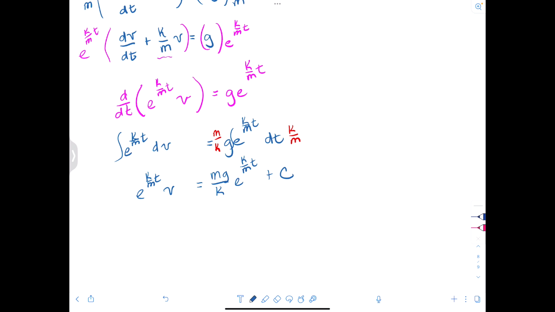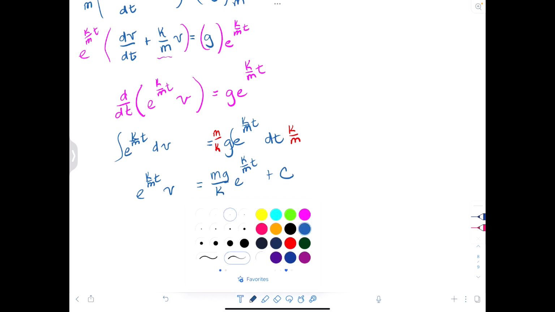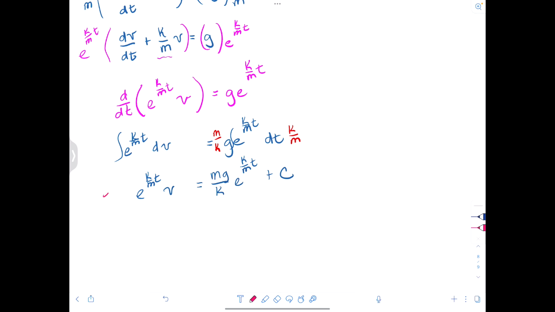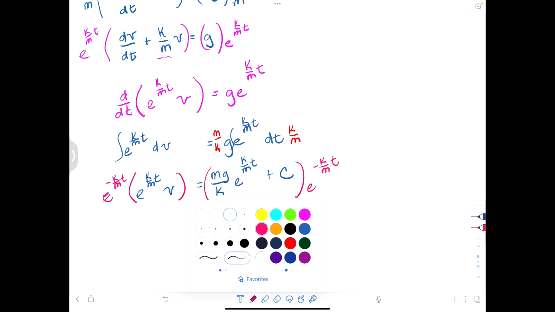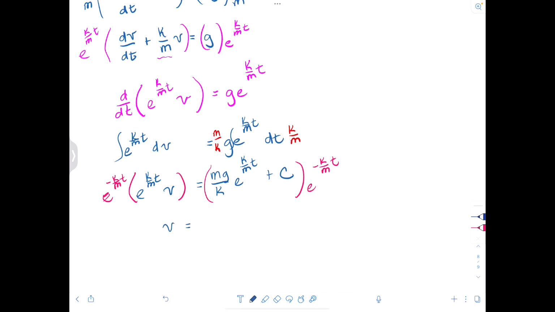Now we want to isolate v, so if we multiply both sides by e^(-(k/m)t), then we will have v isolated on the left, and then we will just have mg/k for the first term, and then c e^(-(k/m)t) for our second term.